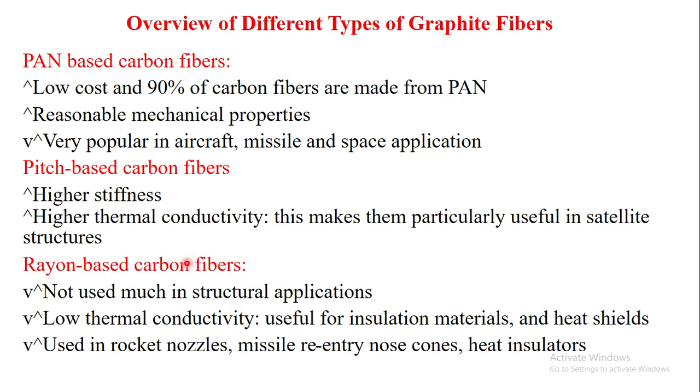They have low thermal conductivity, useful for insulation materials and heat shields, used in rocket and missile nozzles, re-entry nose cones, and heat insulation. Those are overviews of the different types of graphite fibers.